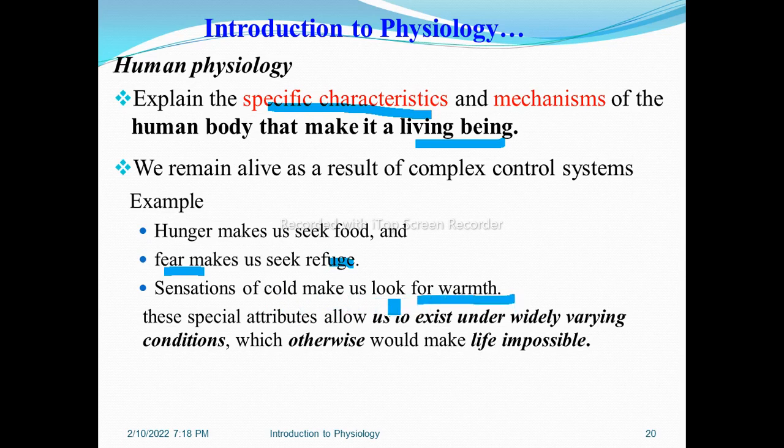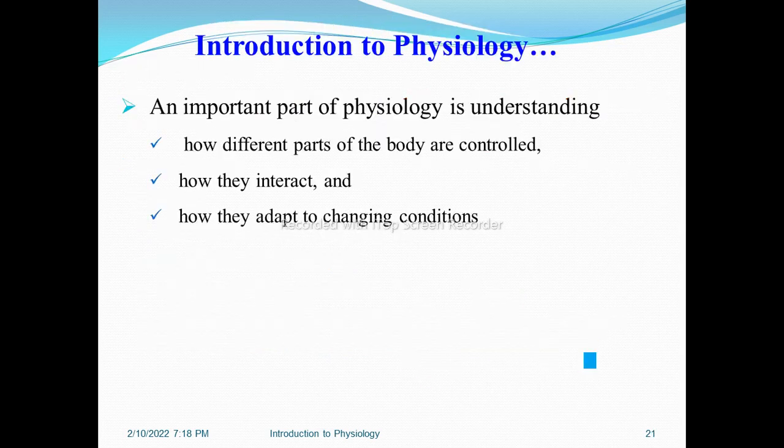So we are obligated to find something warm in response to cold. These three special attributes allow us to exist under widely varying conditions, which otherwise would make life impossible. An important part of physiology is understanding how different parts of the body are controlled, how they interact with each other, and how they adapt to changing conditions.